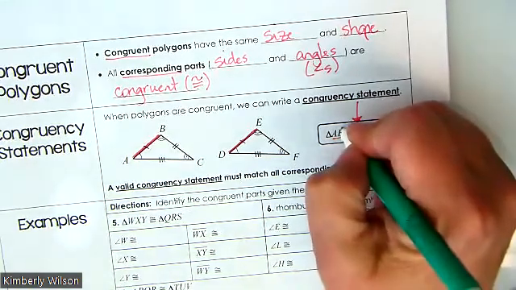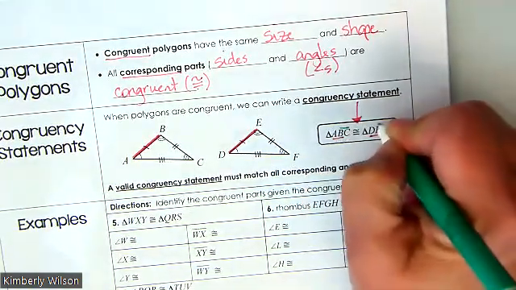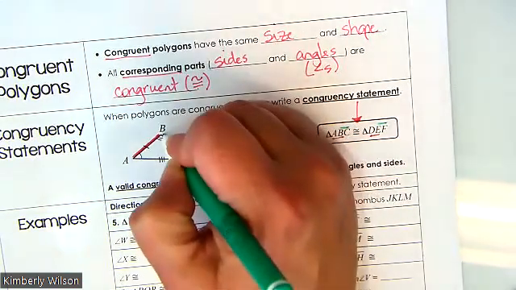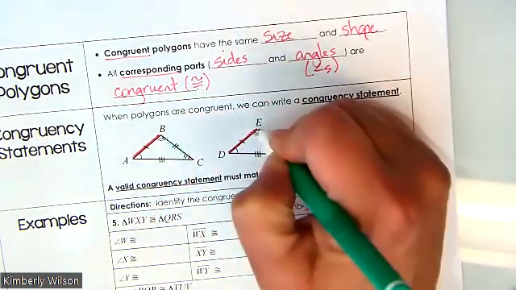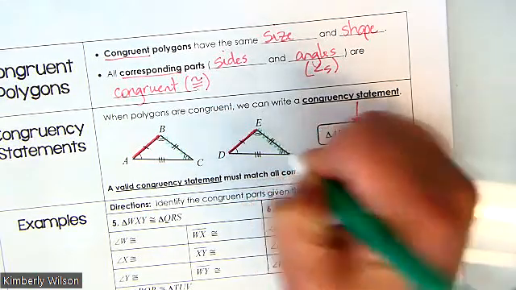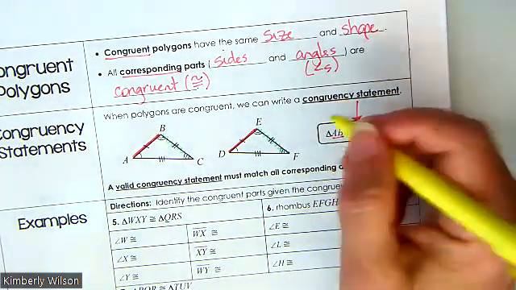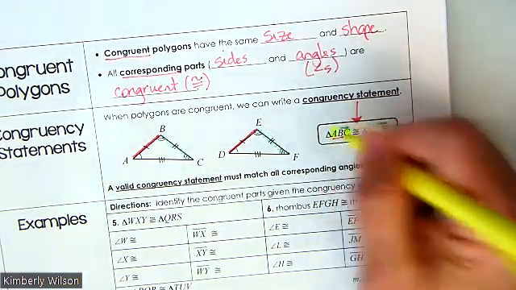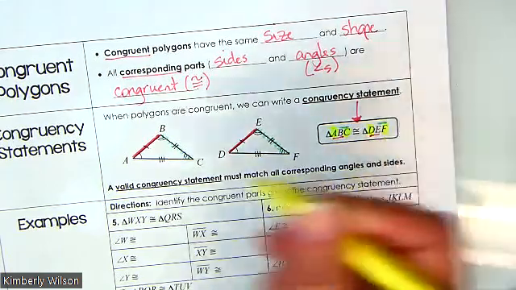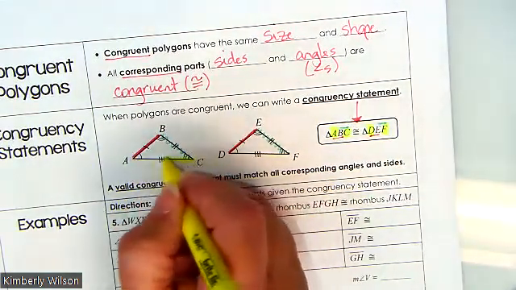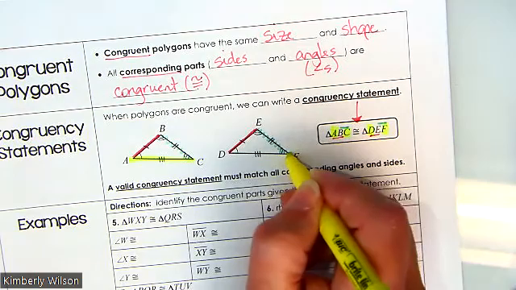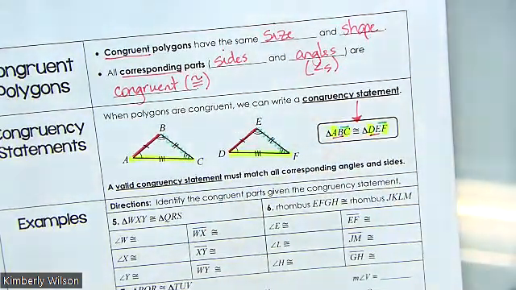BC is congruent to EF. And AC is congruent to DF. Notice it has the 3 tick marks.